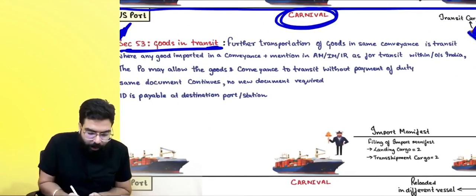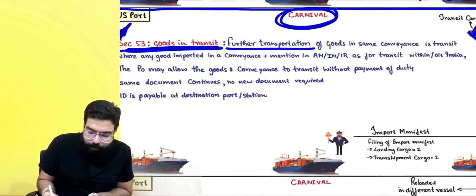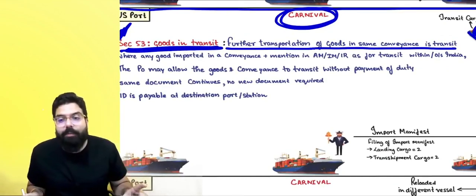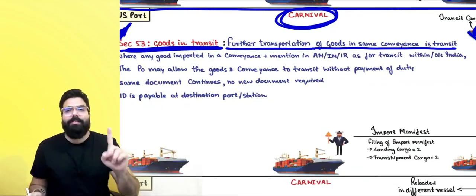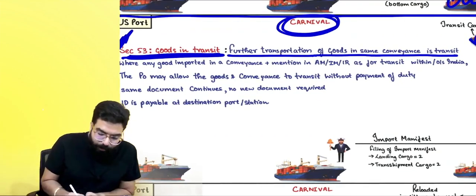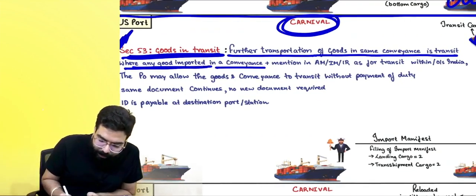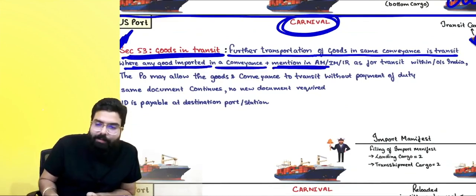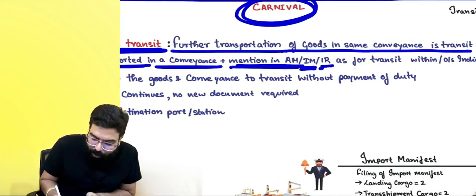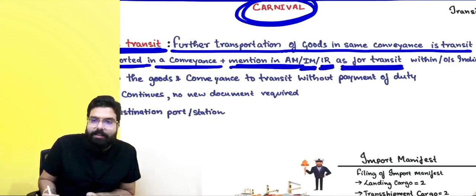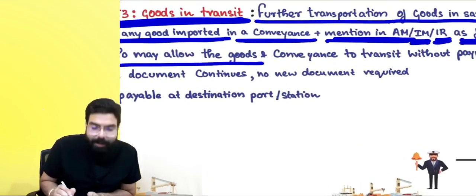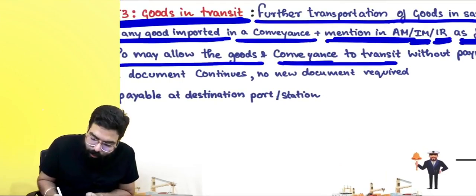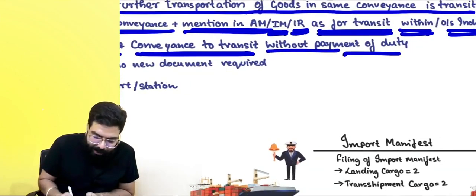Everyone over here, goods in transit, for the transportation of goods in the same conveyance is transit. When you are going ahead and doing further transportation in the same conveyance, it is transit. When any goods imported in a conveyance plus mentioned in the arrival manifest, import manifest or import report as for transit within or outside India, the proper officer may allow the goods and conveyance to transit without payment of duty.